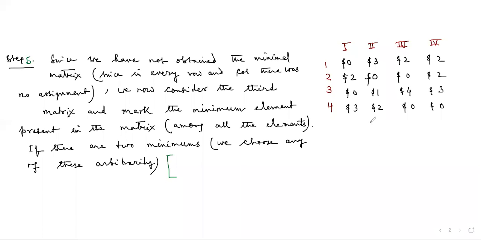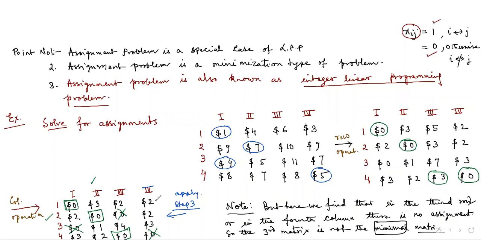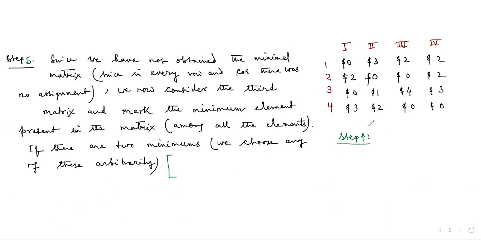But before that, we need to do something over here. Step number 4 will be something else. What is step number 4? How many assignments have you got in the previous matrix? The number of assignments you got in the previous matrix is 3.